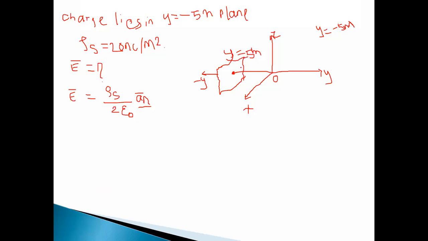Now tell me which is the perpendicular vector for the sheet? Normal vector. Z. Which one? Y. Pratiksha, is it right?